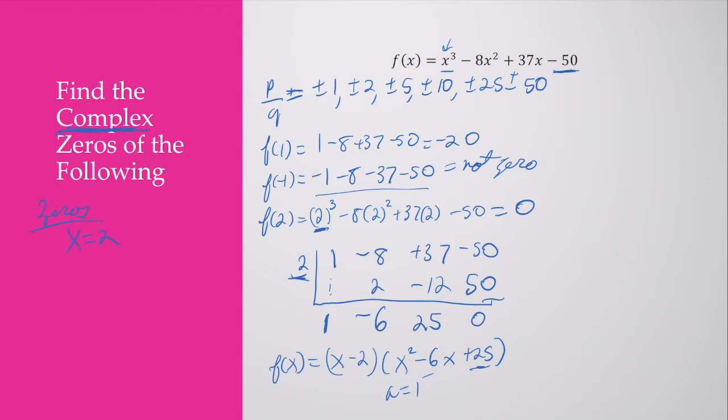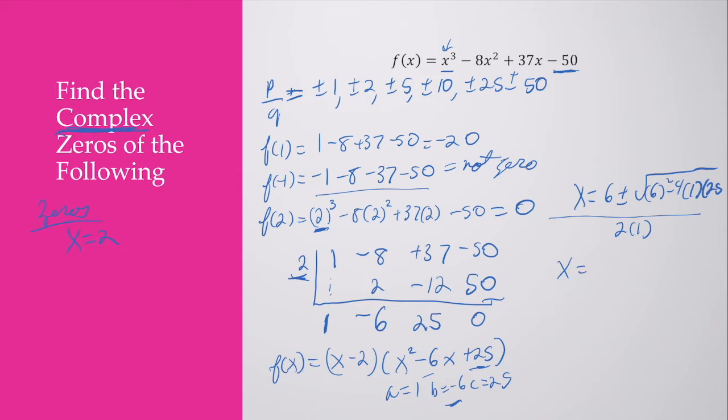So a is 1, b is negative 6, c is 25. Now this could just give us rational zeros. It doesn't guarantee that they're complex, but in this case they are going to be complex. So x is negative b, which would be a positive 6, plus or minus the square root of b squared minus 4 times a times c, all over 2a.